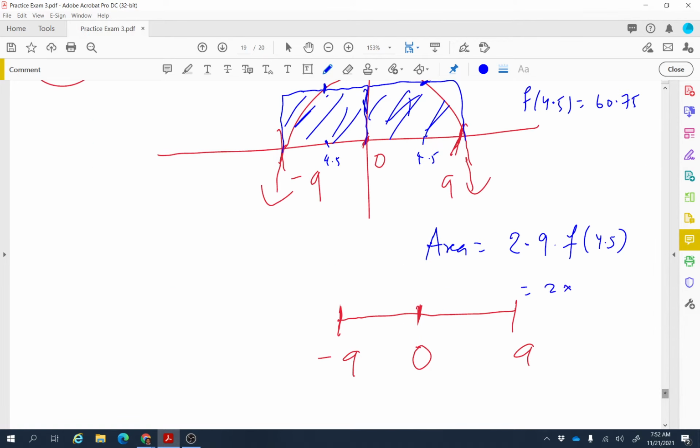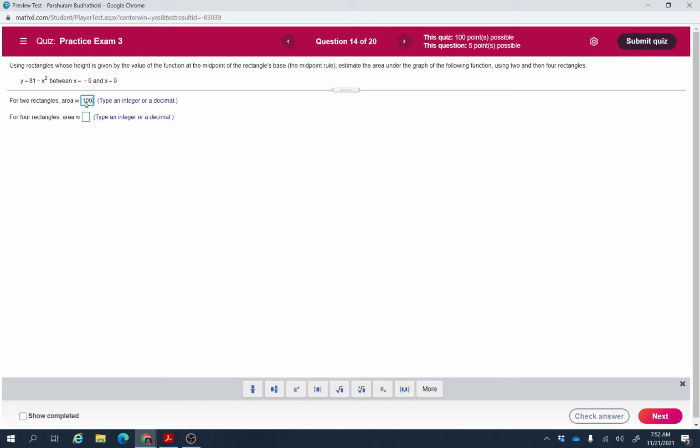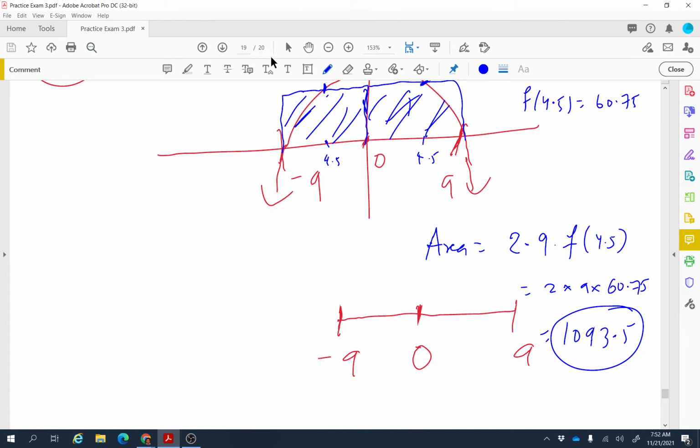So it's 2 times 9 times 60.75. Eventually that will be 1093.5. So that's the answer for the first part, 1093.5.